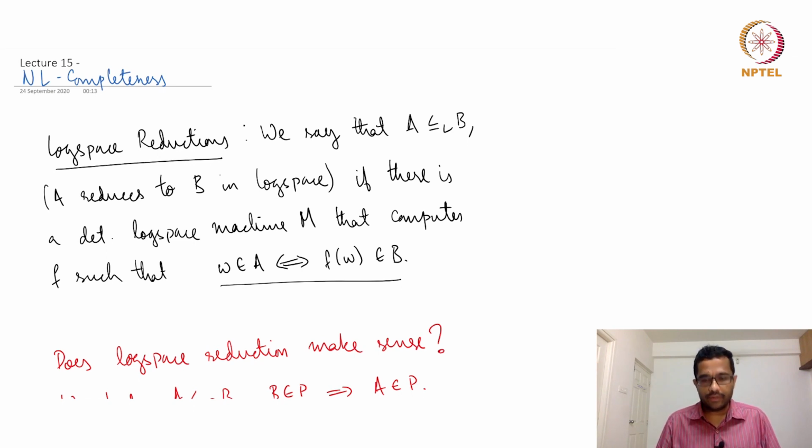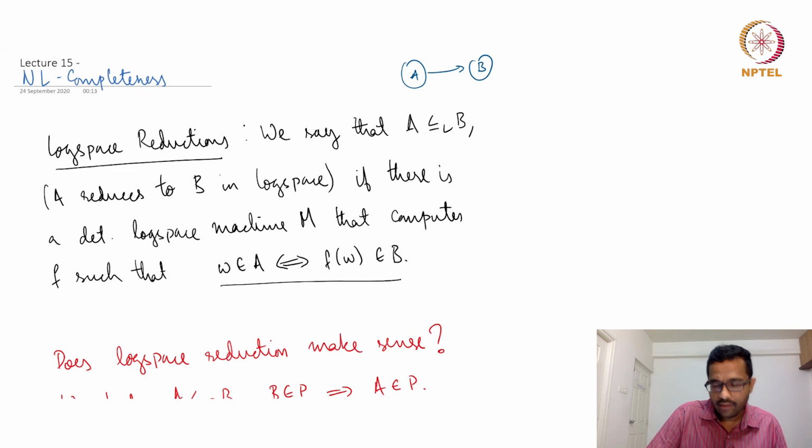When we reduce a language A to a language B, and we are trying to compare which class these are in, the resources available for the reduction must be strictly lesser than those of the classes. Suppose we are doing NL completeness, so we will be dealing with languages or problems in NL. As we already saw in the previous lecture, NL is contained in P.